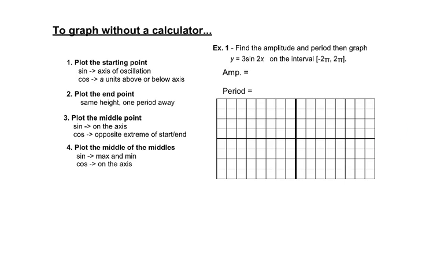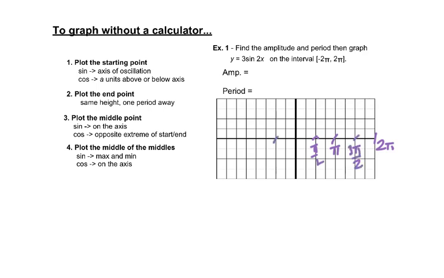So let's see, our first example here, we're going to find the amplitude and period and then graph, and we're graphing on the interval negative 2 pi to 2 pi. So just so that we know, over here is going to be 2 pi, so in the middle is going to be pi, in the middle of that is pi over 2, and in the middle of each of these is 3 pi over 2.